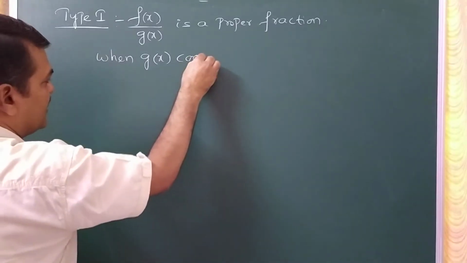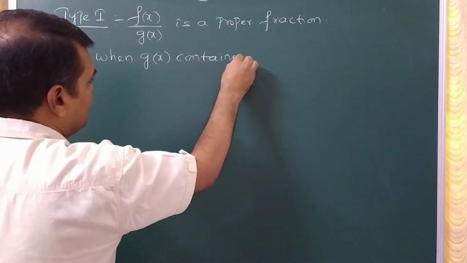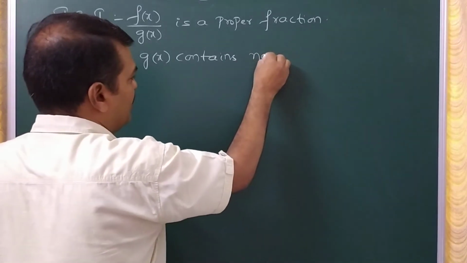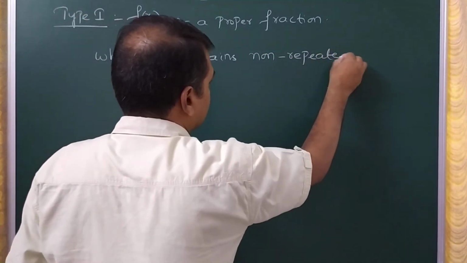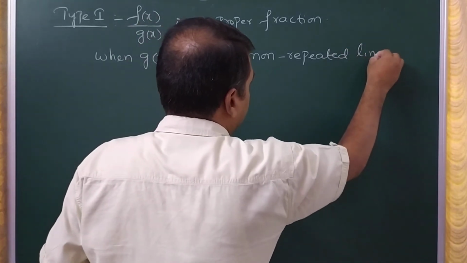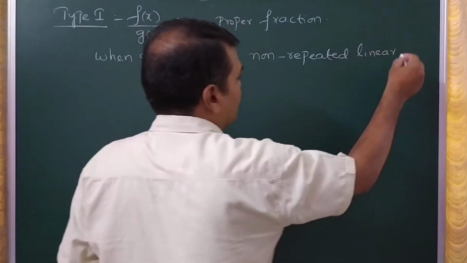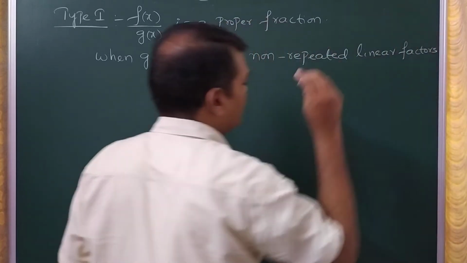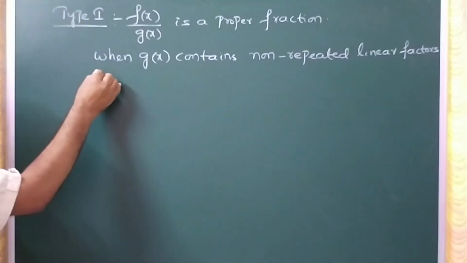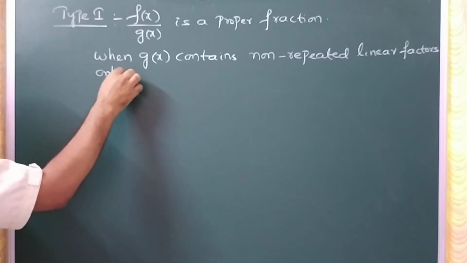Type 1 is when g of x, the denominator, contains non-repeated linear factors only.